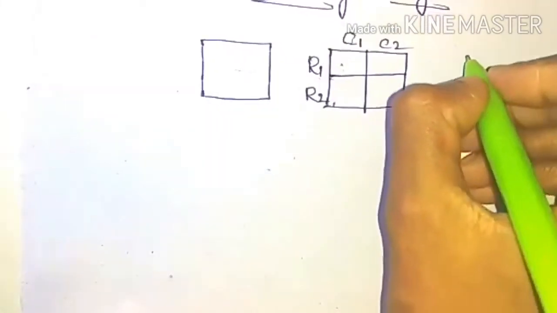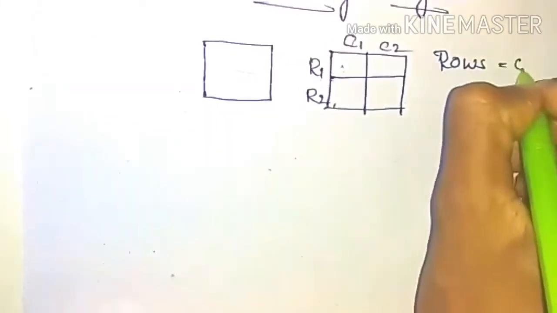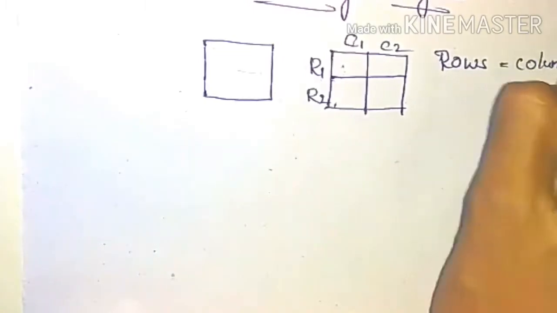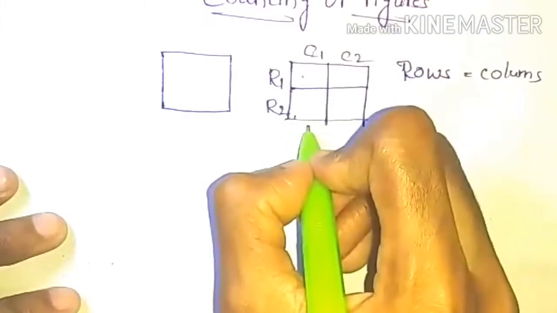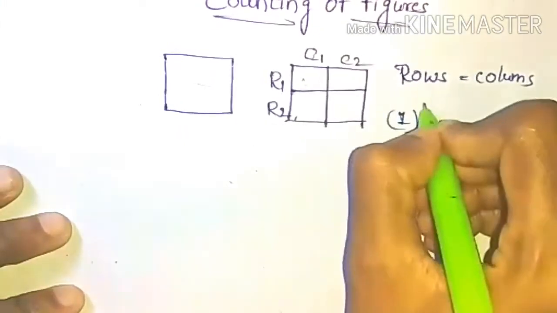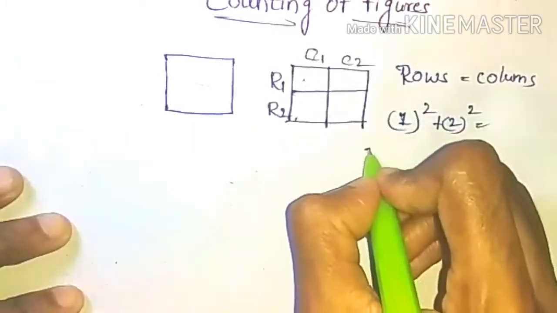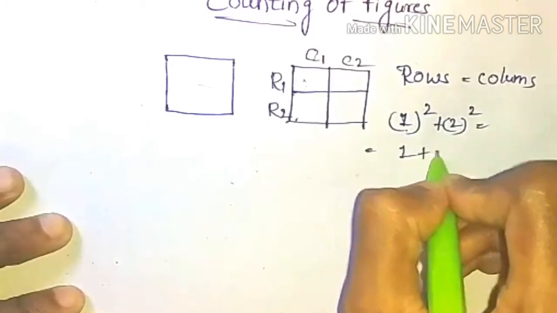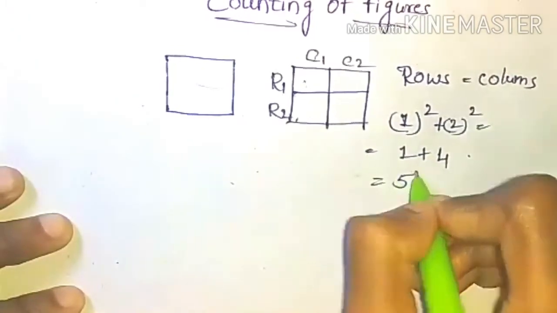So when rows is equal to columns, what we have to do is 1 square plus 2 square. 1 square is 1 and 2 square is 4, so total it is 5.